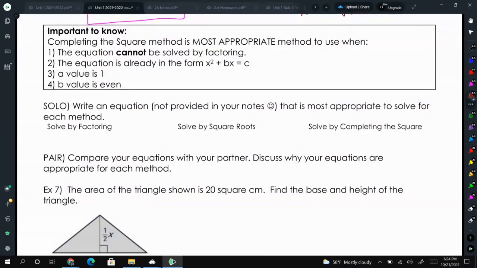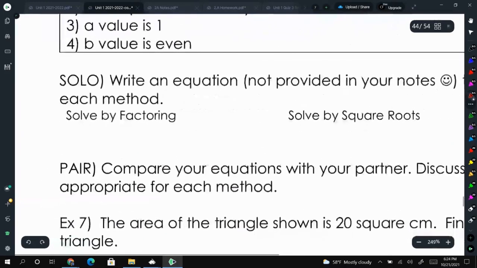So when determining which method to use to solve these quadratic functions, there are some things we want to look for. When we're solving by factoring, we want the equation to equal 0, and our a value, we would like it to be 1, but we can also factor if our a isn't 1.